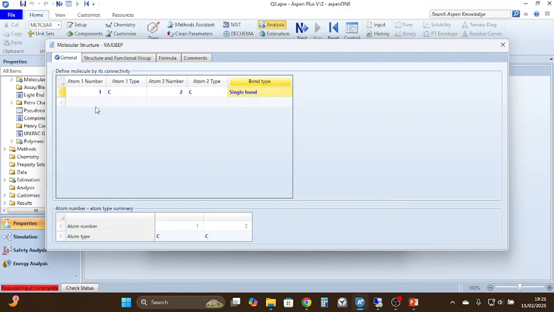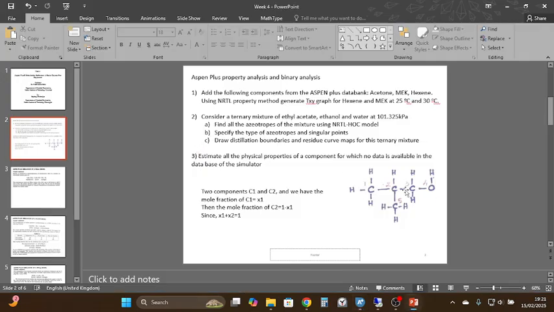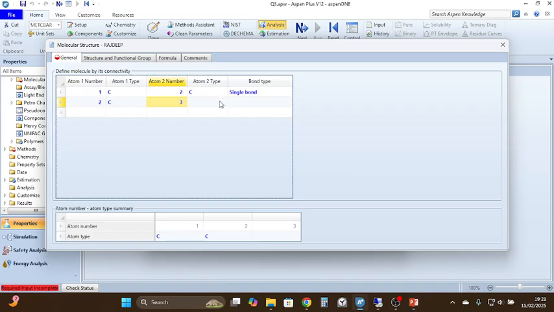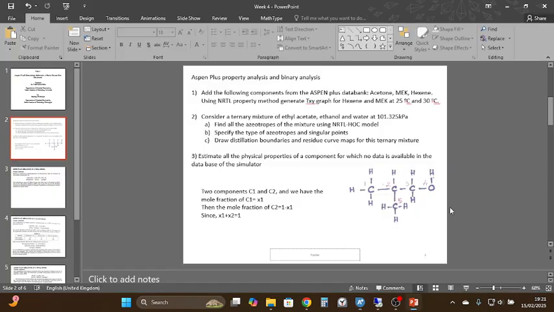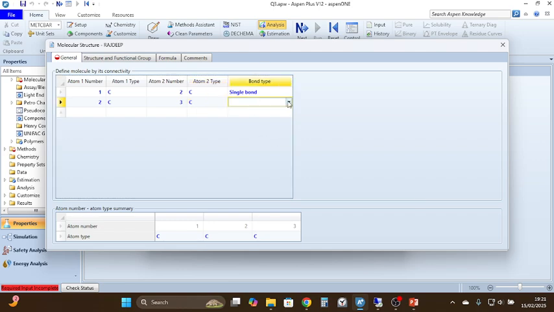Next, our atom 1 number is 2, and the atom type is carbon. This is connected to 3. The atom 2 type is carbon again, and the bond is a single bond.